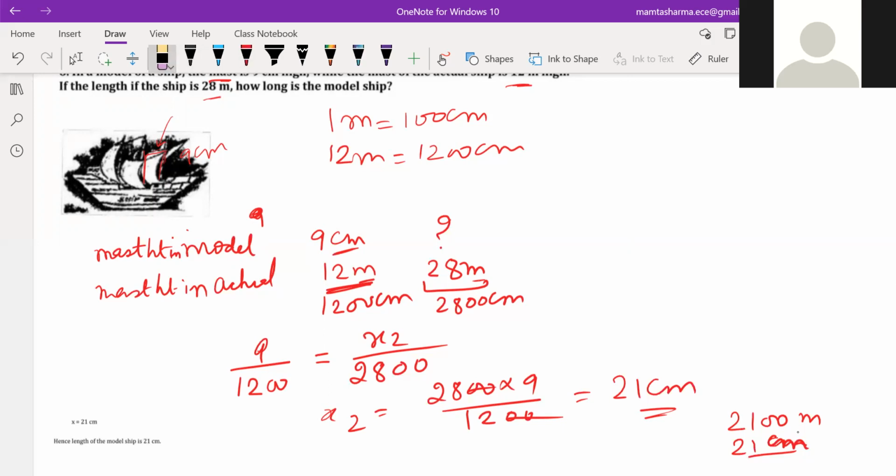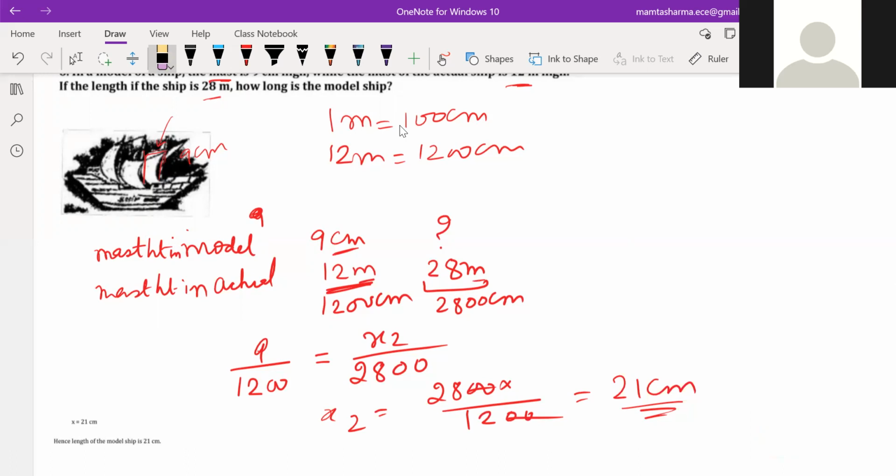Ma'am, but I'm getting x square as 21 centimeter. Yes, 21 centimeter, or 1 centimeter equal to 1 by 100 meter. This will be 0.21 meter. Yes.